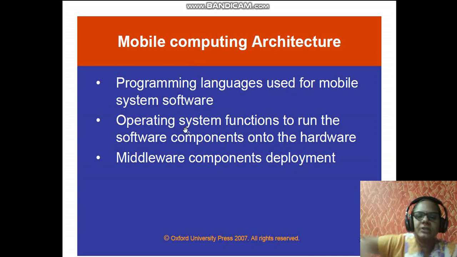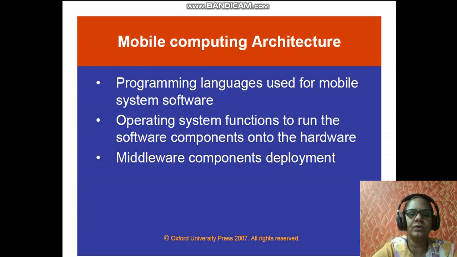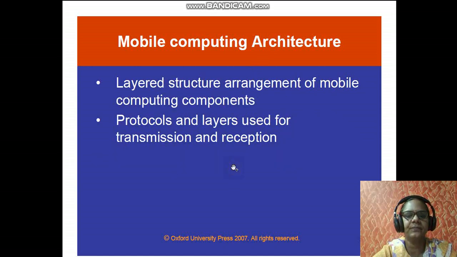Operating system functions to run the software components onto the hardware. Middleware components deployment. So this architecture is for the middleware components deployment, and operating system functions to run the software components onto the hardware, and is used for the mobile system software.